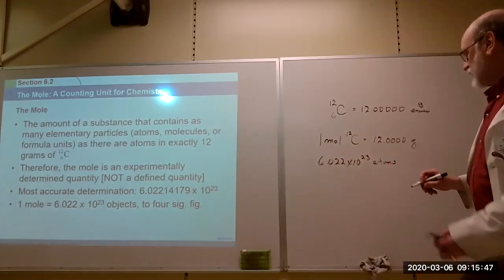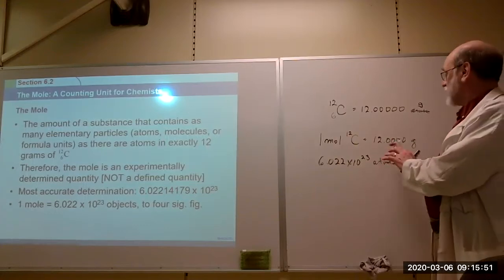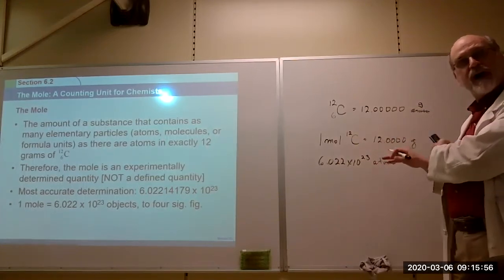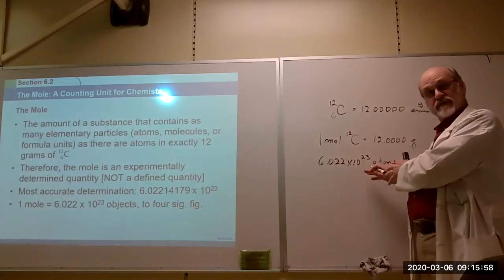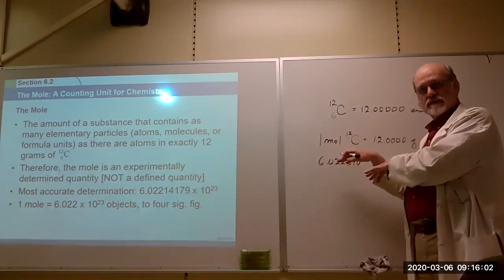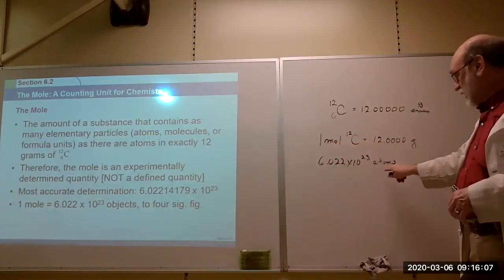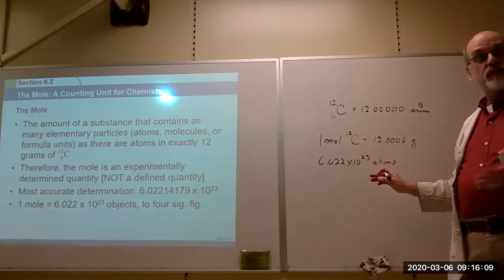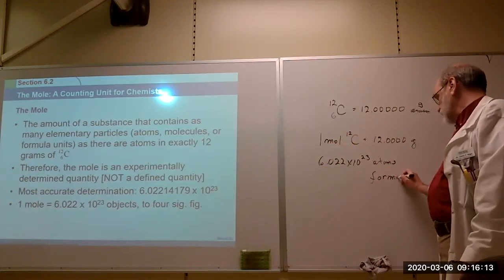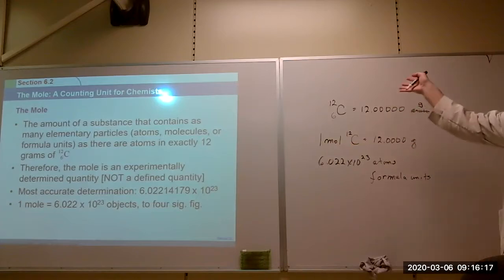Okay, so a mole is that many objects. In fact, this defines the mole as that many atoms. But once we know how many objects are in a mole, then we can change this to suit us. It could be atoms, it could be formula units, like we were calculating earlier.